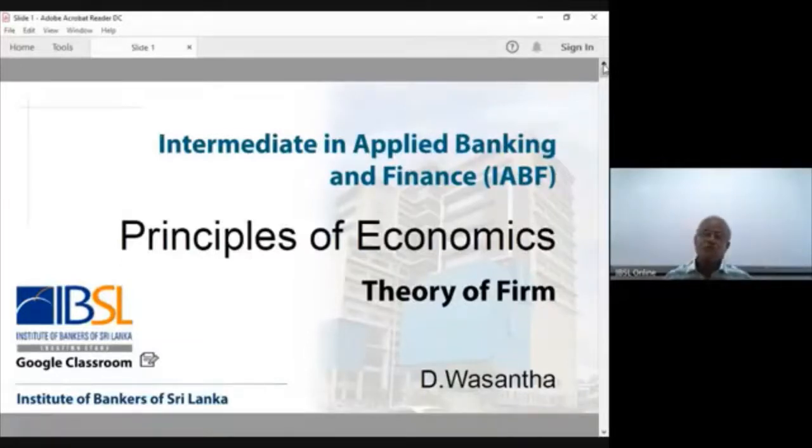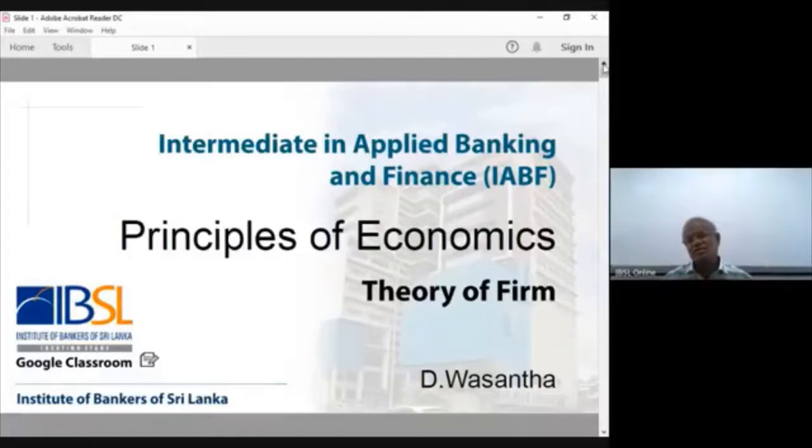What is the objective of a firm? What kind of market constraint, like the budget constraint in the theory of consumer behavior, is faced by a firm? Based on that, we try to develop the model, the theory of firm.